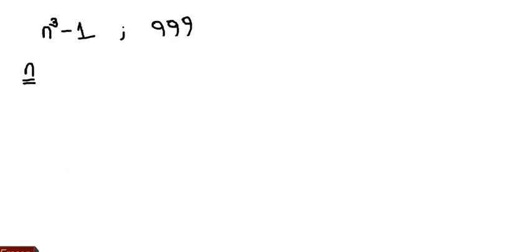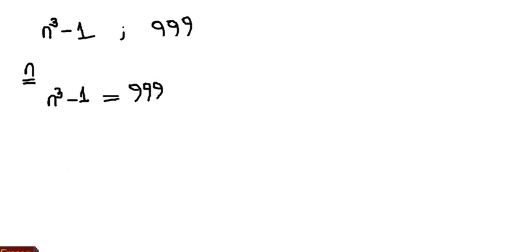999. So what we need to do is to equate and solve for n. n cubed minus 1 is equal to 999, so that we understand what the value of n is.